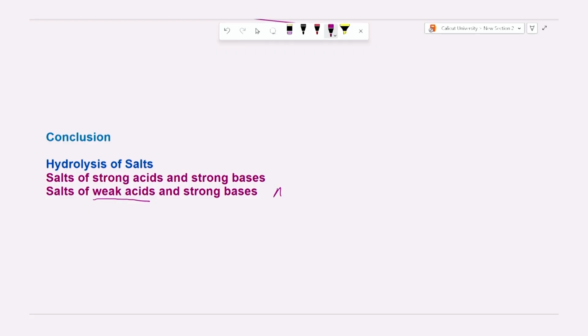While when we have salts of weak acids and strong bases, the ions coming from the weak acid interact with water, usually releasing OH minus ions, and the solution becomes alkaline. And we have been deriving the equation for pH also. Thank you.